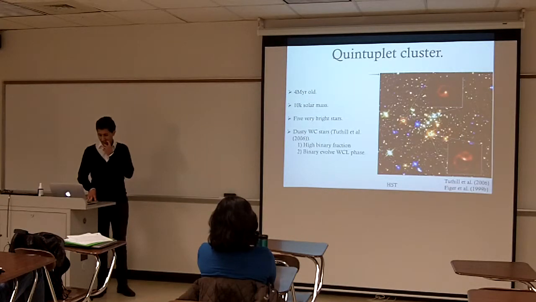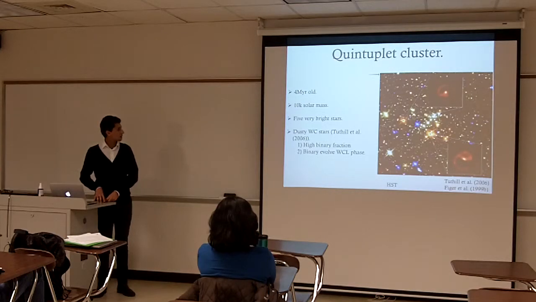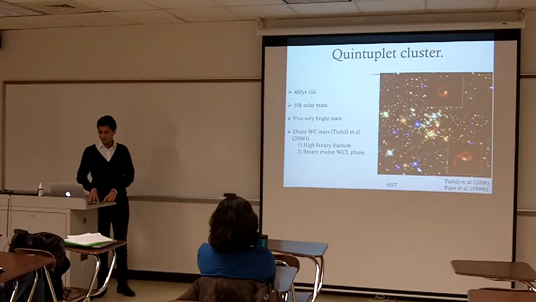One of them is that the binary fraction of the massive stars is really high, and the second explanation is that the binary massive stars evolve through the WC phase, the late Wolf-Rayet phase.